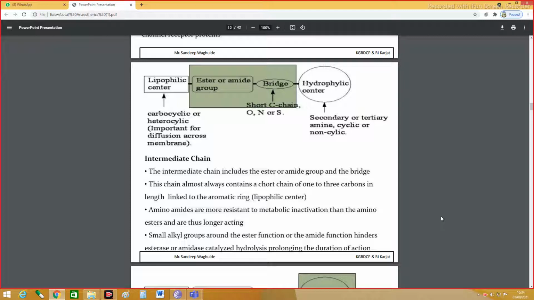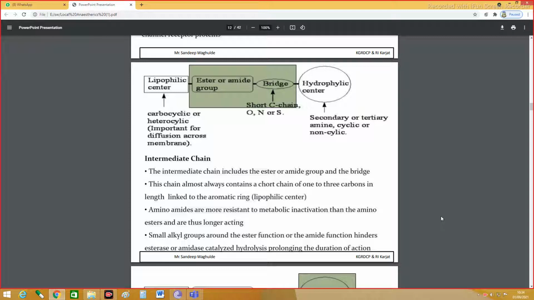The bridge should be of a shorter carbon chain having elements like oxygen, nitrogen, and sulfur. We consider these as an intermediate chain, as it might have an ester or amide group in the bridge, and this bridge also provides resistance for the rapid hydrolysis of the ester and amide groups.